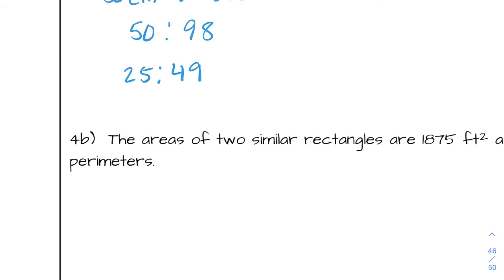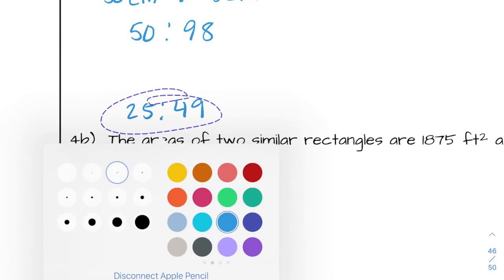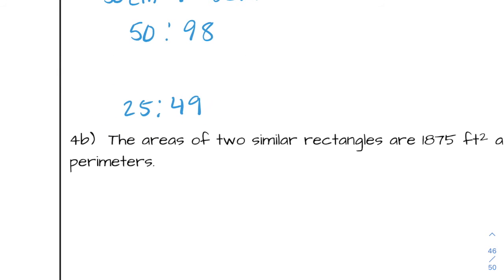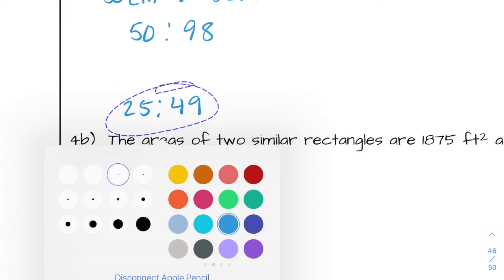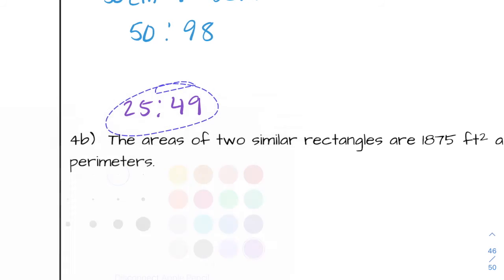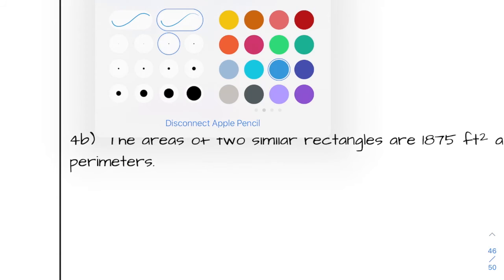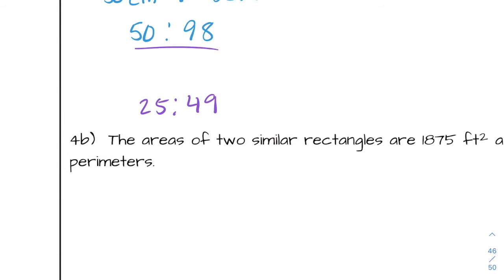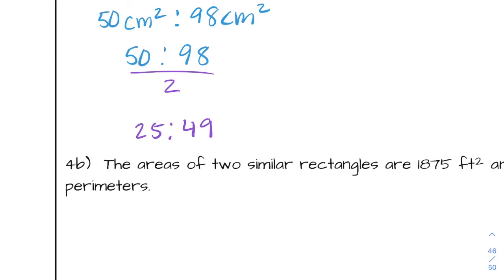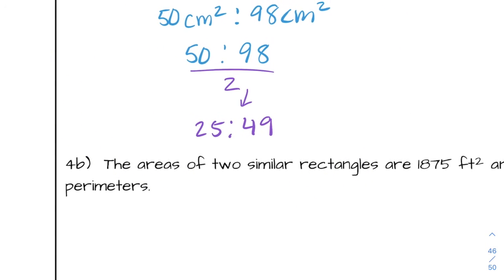So divide out the centimeters, then divide it by 2, and you get 25 to 49. This is what we call the similarity ratio of its area. It's not 50 to 98. I mean, it is, but at the same time, we want it to be in reduced form.